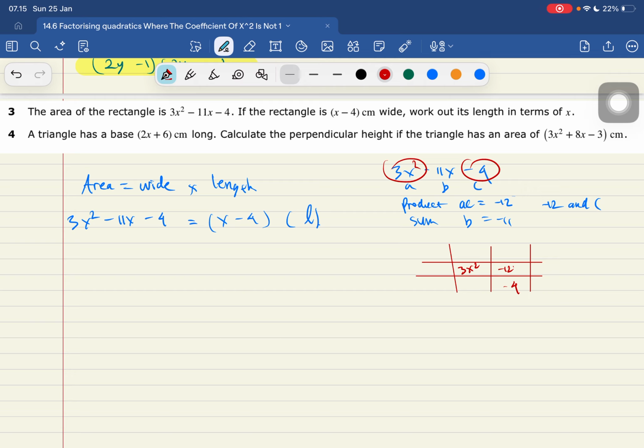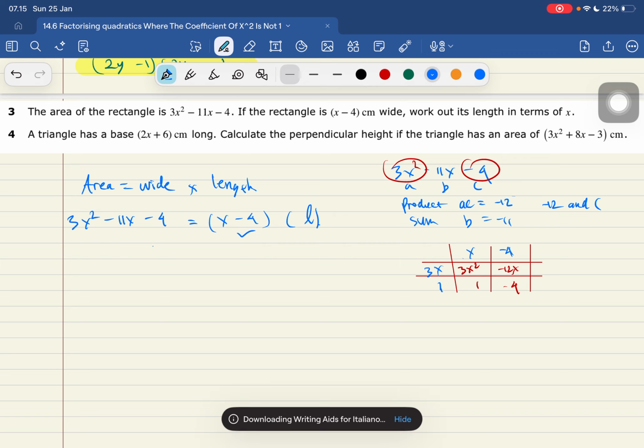Here is minus 12x and 1x. This is going to be x minus 4. And here is going to be 3x with 1. Okay, we've got x minus 4 here.